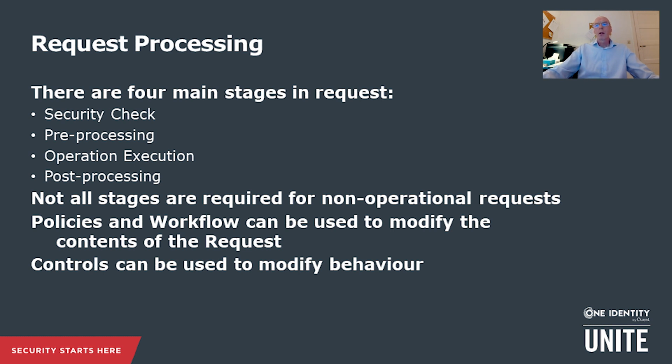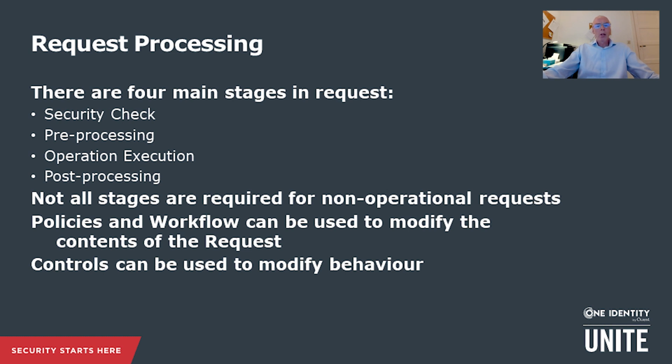For non-operational requests, the processing may simply execute a function, such as get effective policy, or others might do pre and post processing, such as on-pre search. So not all stages are required for all the non-operational requests.